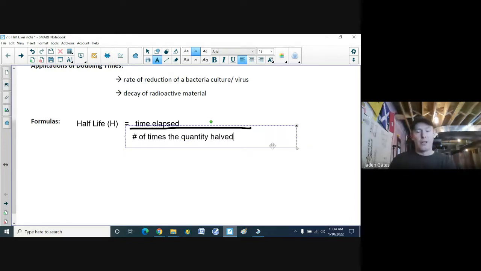That's almost identical to our doubling time formula, only instead of the number of times the quantity doubled, we're looking at the number of times the quantity halved.